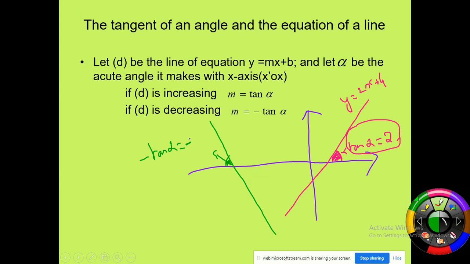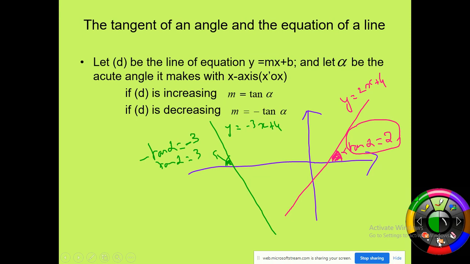So if I have, let's say, y equals minus 3x plus 4, I can say minus tangent alpha is equal to minus 3, or tangent alpha is equal to 3. To find the angle, I need to use my calculator. I'll show you later during the online session how we're going to find the angle.